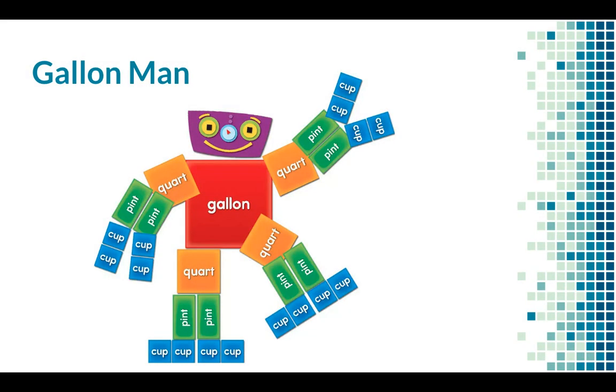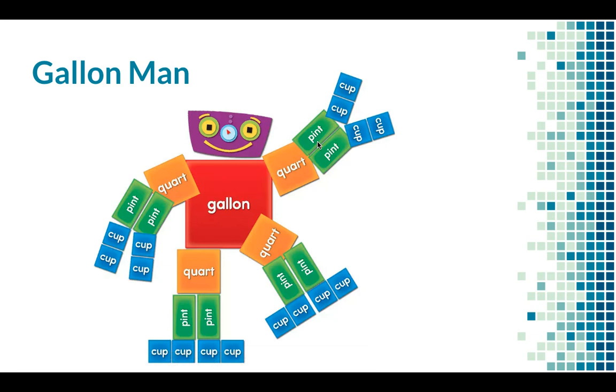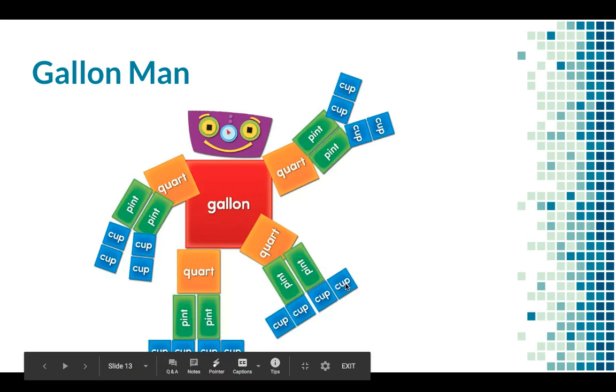So this is our gallon man again. This is just a tool for you to look at. So every 1 gallon has 4 quarts. It has 2, 4, 6, 8 pints. And 1 gallon also includes 4, 8, 12, 16 cups. Okay?